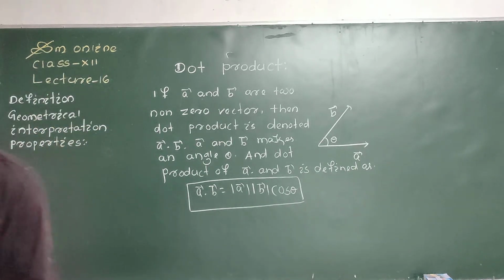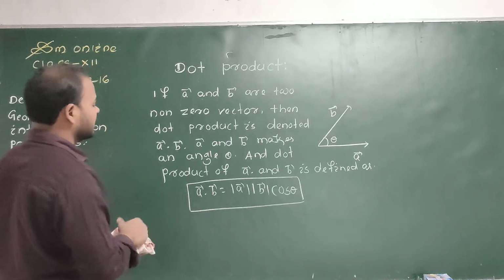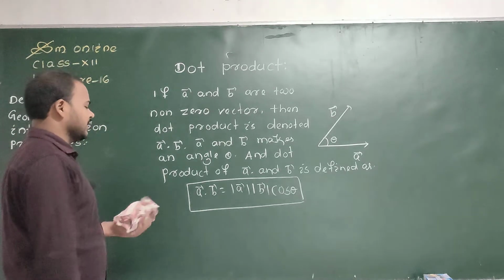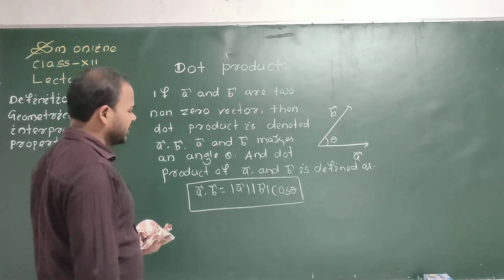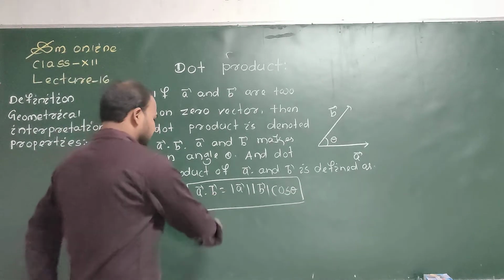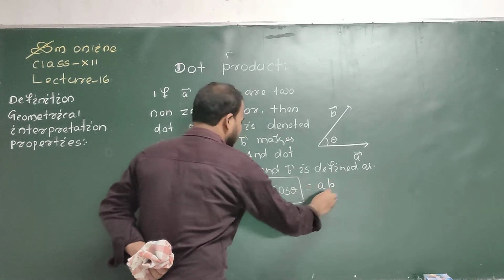This is the definition. Vector A dot vector B is the magnitude of A into magnitude of B cos theta, which we can also write as A into B cos theta.